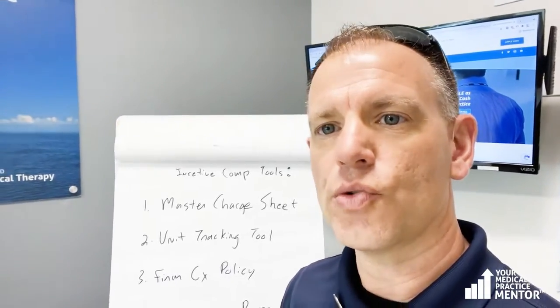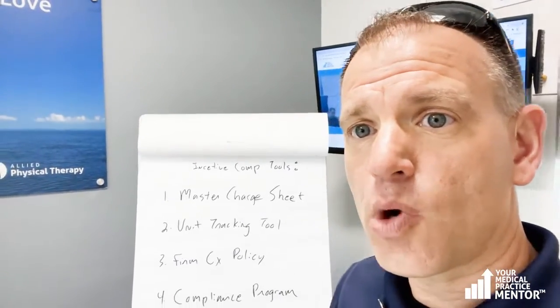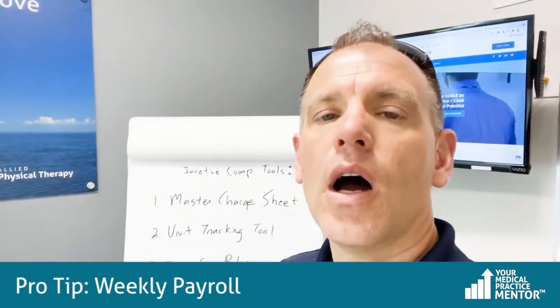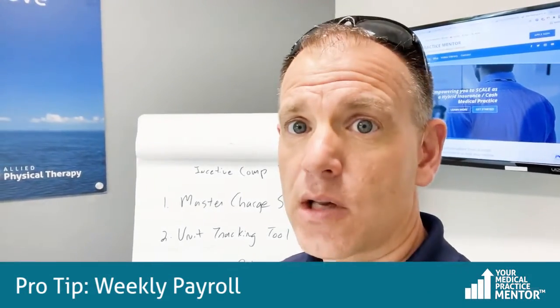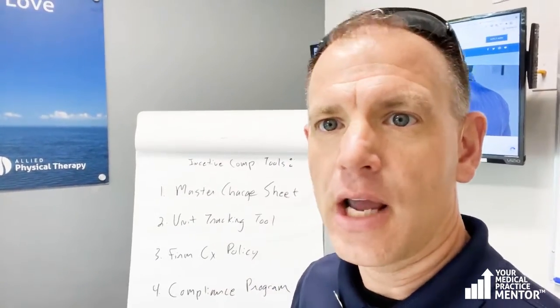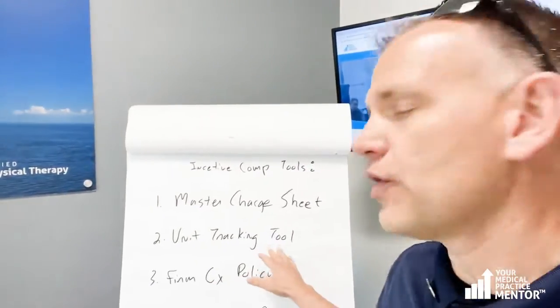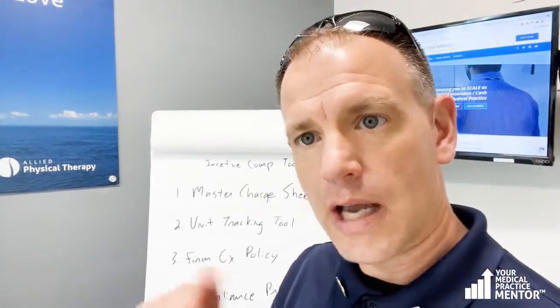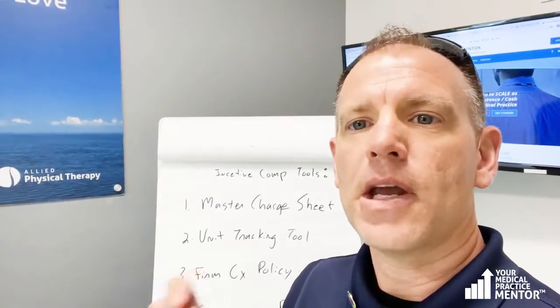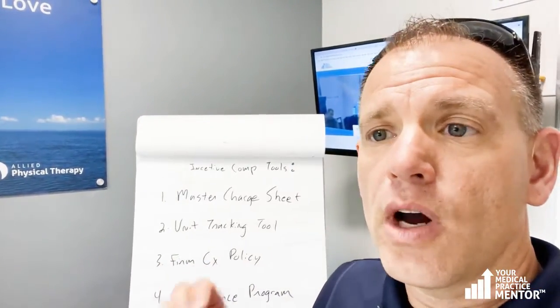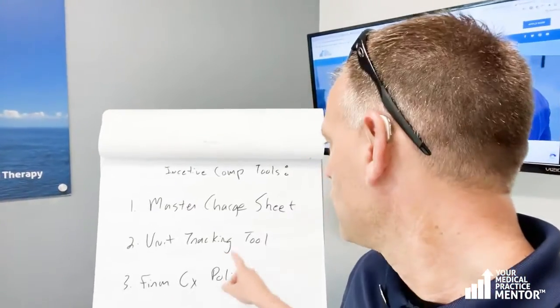Just a pro tip, I encourage you to do payroll weekly instead of bi-weekly or twice a month, because you can manage your cash flow better. This unit tracking tool goes to HR because they have to process the payroll, calculate all the units, and make sure that it matches the insurance. So it's a really important tool.